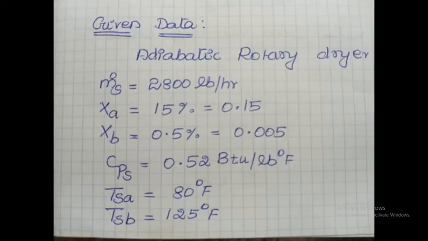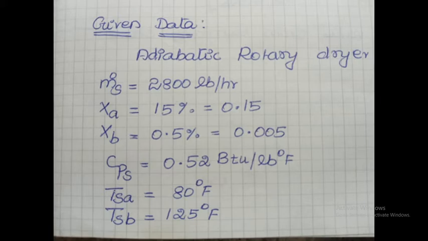Given data: adiabatic rotary dryer, M dot S, mass flow rate of solid, 2800 pounds per hour. Initial moisture content XA 15%, 0.15. Final moisture content 0.5%, that is 0.005. Specific heat of solid 0.52 BTU per pound degree Fahrenheit, the notation is CPS.